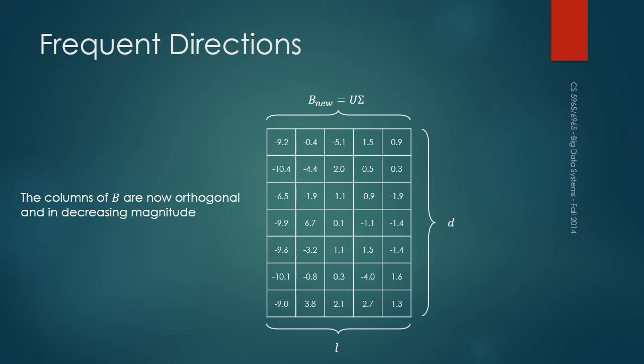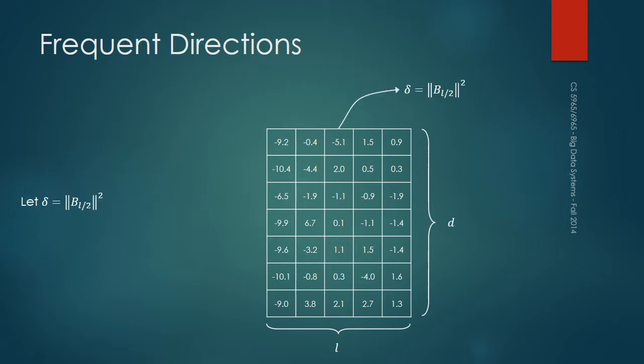That's the magnitude of these orthonormal vectors; they're automatically decreasing. Correct? Delta in this case is going to be basically this column. Yeah, that's what it is.